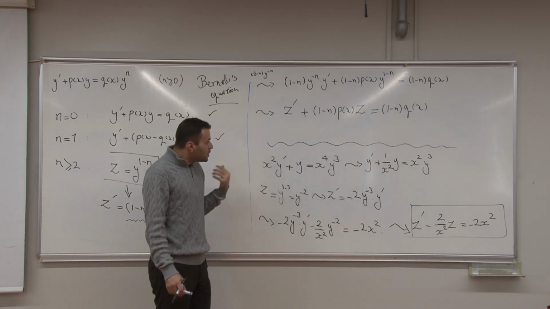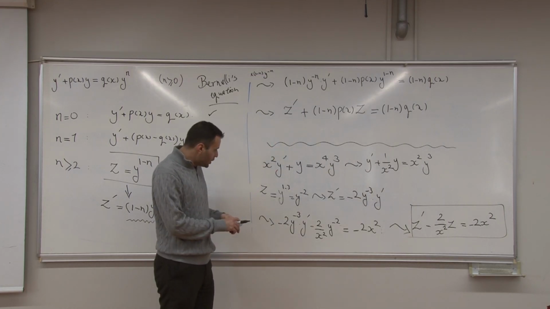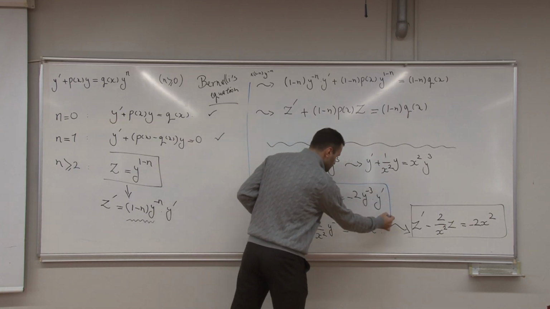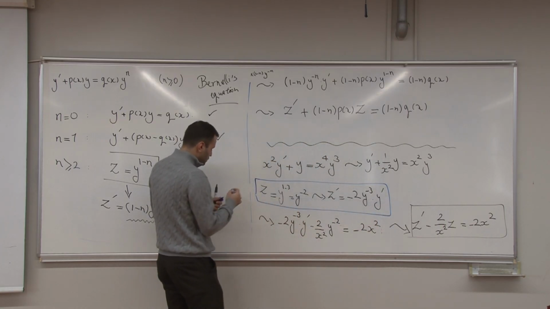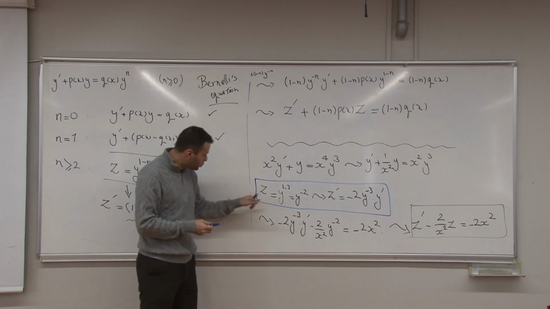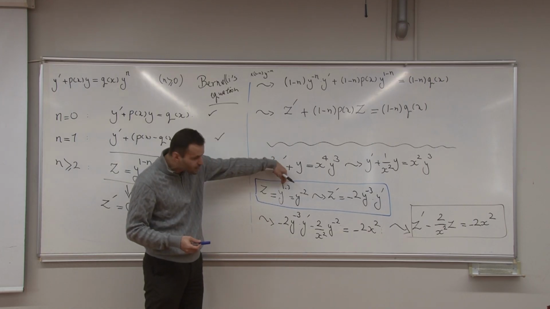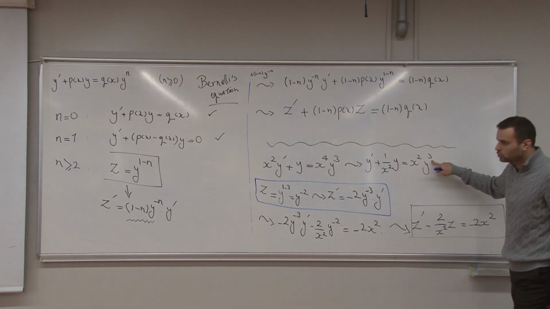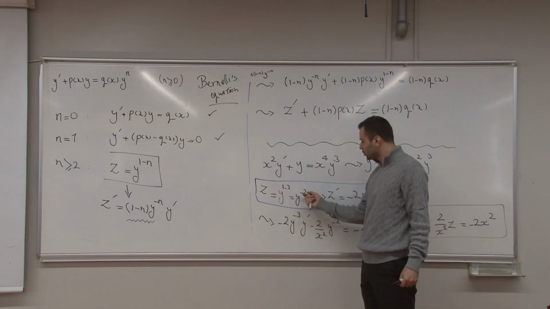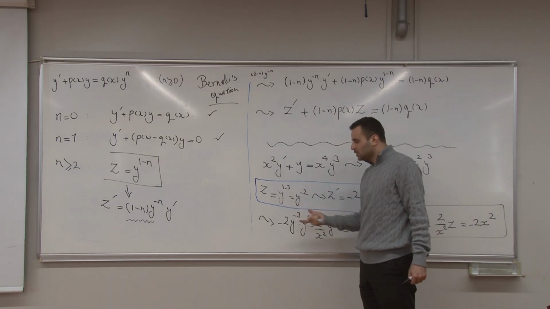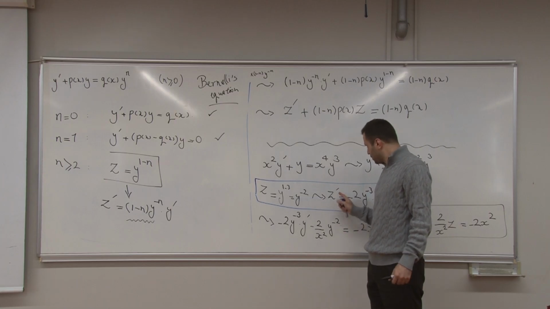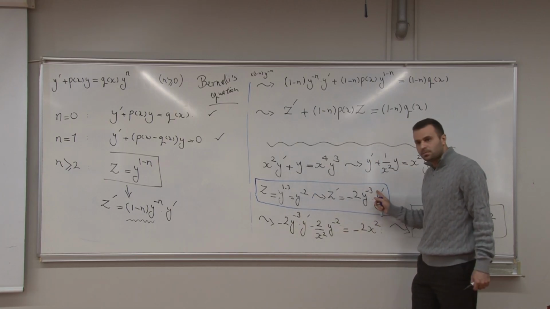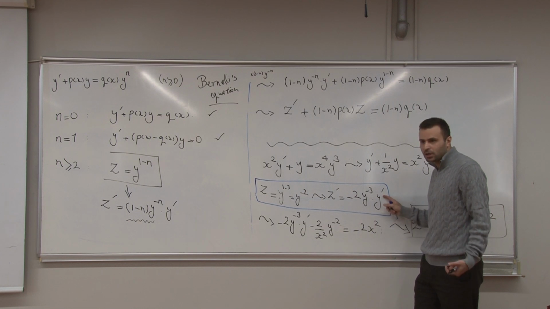Now, I need to use this change of variable. If we take z equal to y to the power of 1 minus n, where n is equal to 3, it is going to be y to the power of minus 2. Take derivatives of both sides: z prime is equal to minus 2 y to the power of minus 3 multiplied by y prime. Good?